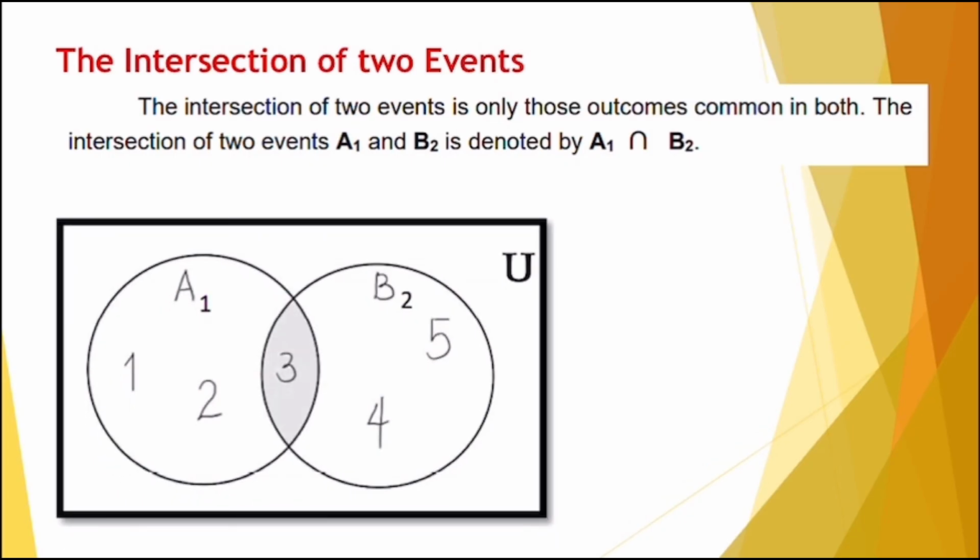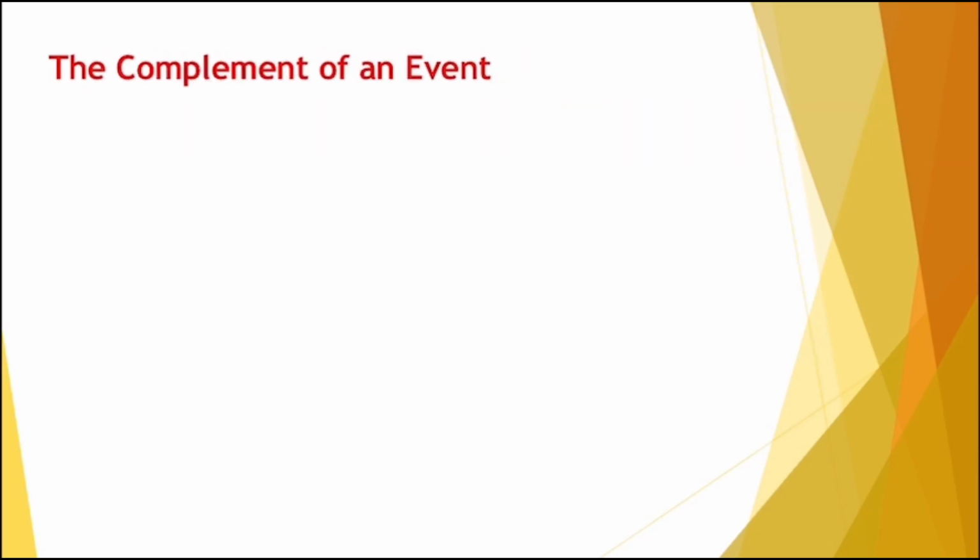So the intersection of A sub 1 and B sub 2 is 3. The Venn diagram shows the intersection of the events A sub 1 and B sub 2 in the experiment, which is 3.